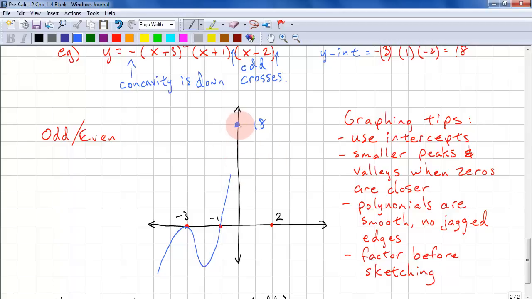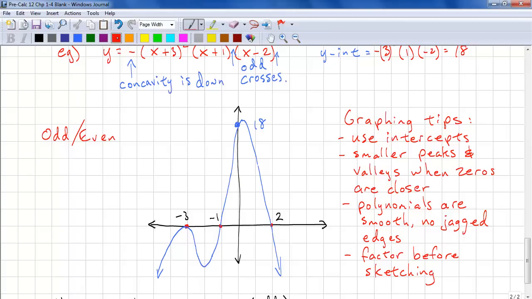Now, is the peak going to be on the left or the right? Well, it's going to be halfway between these two, so it's going to be on the right. And there we go. We've drawn it so that this valley is smaller than this peak because they're closer together. And that completes this graph. And our concavity is down, which matches what our graphing rules are.